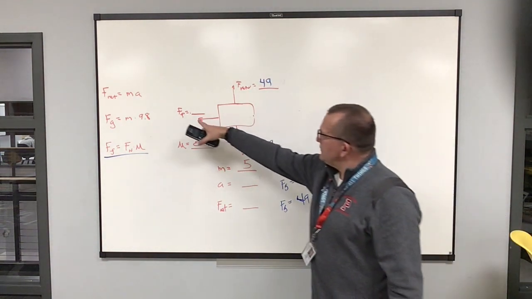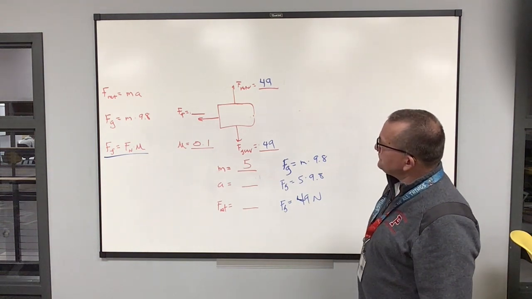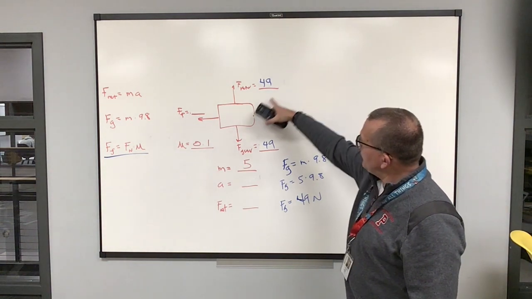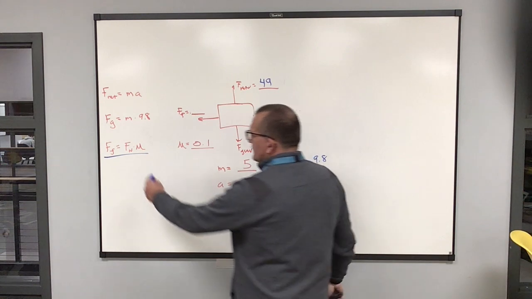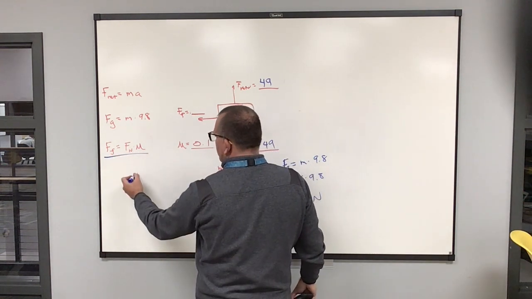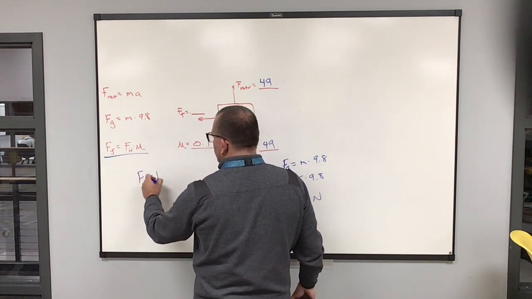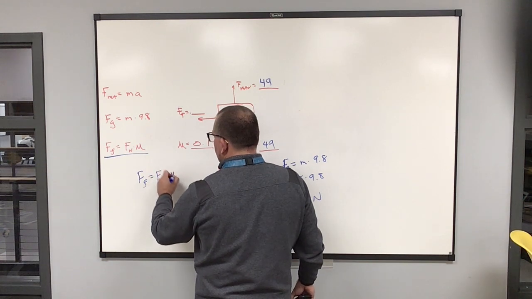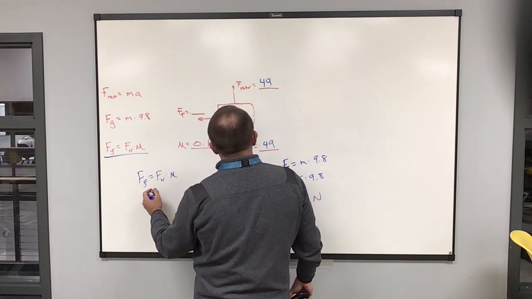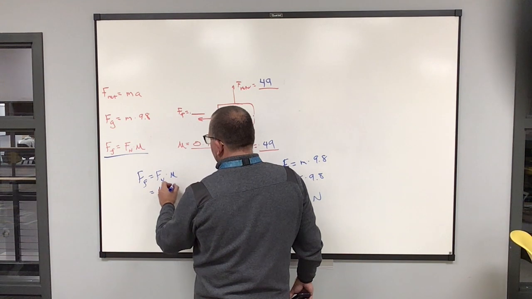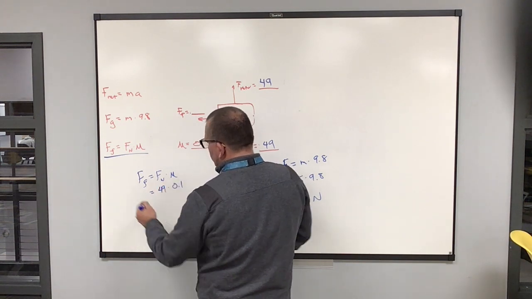Let's look over at friction. Force of friction is here. I know normal force and I know coefficient. So if I know normal force and coefficient, I can solve for friction. So force of friction is equal to normal force times coefficient of friction. Normal force is 49. Coefficient of friction is 0.1.